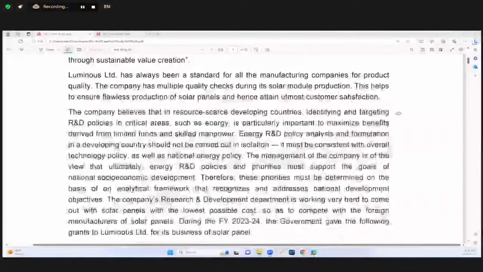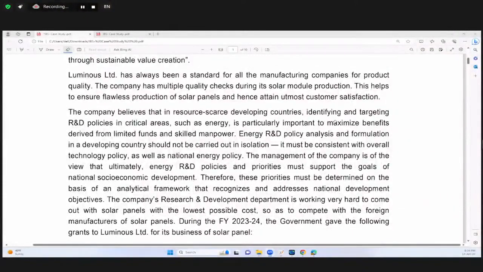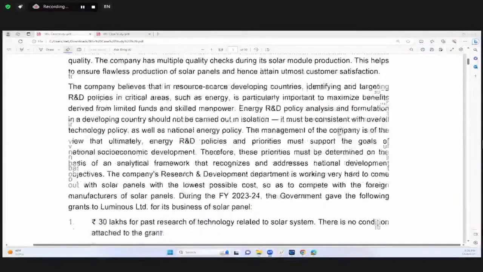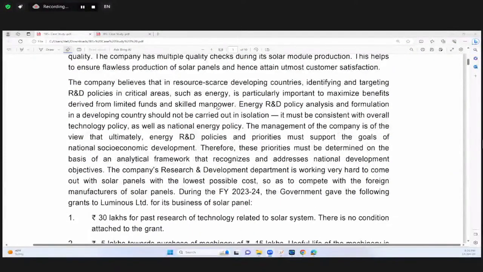The company believes that in resource scarce developing countries, identifying and targeting R&D policies, look, the company is not behind in research and development either. The company is doing research and development work. In critical areas such as energy is particularly important to maximize benefits derived from limited funds and skilled manpower.